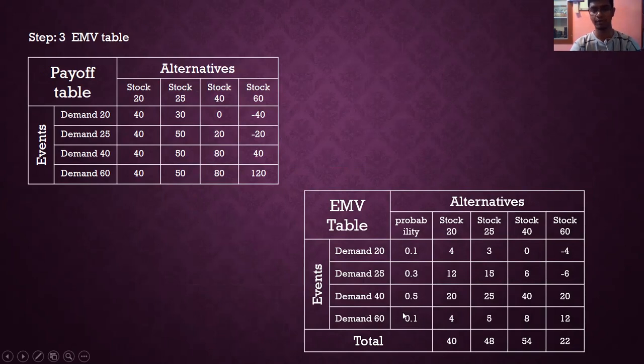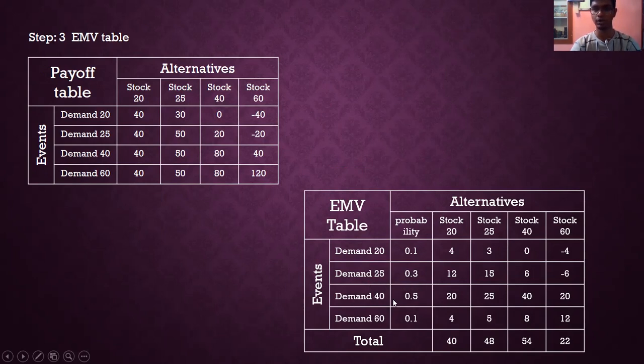In the next column we have to write the probabilities. These are the probabilities we calculated in the first table by dividing the number of weeks by the total number of weeks. For demand 20, the probability is 0.1, and for demand 25, the probability is 0.3.